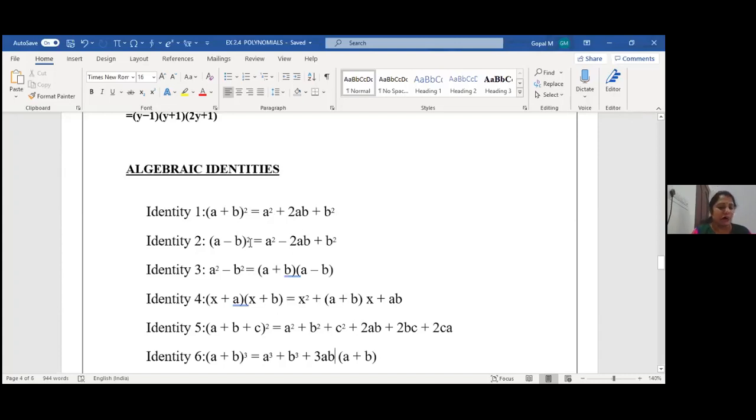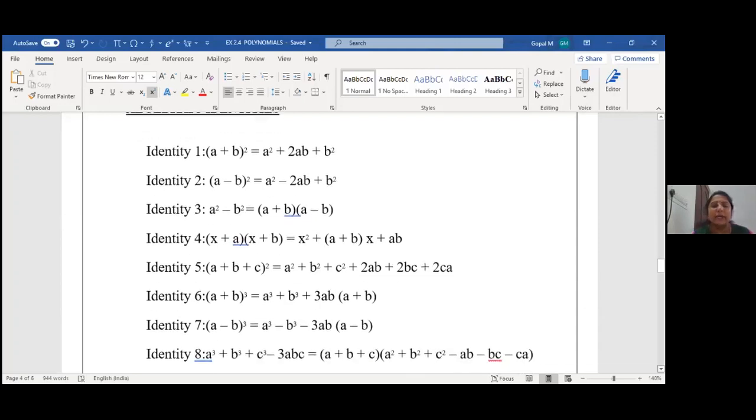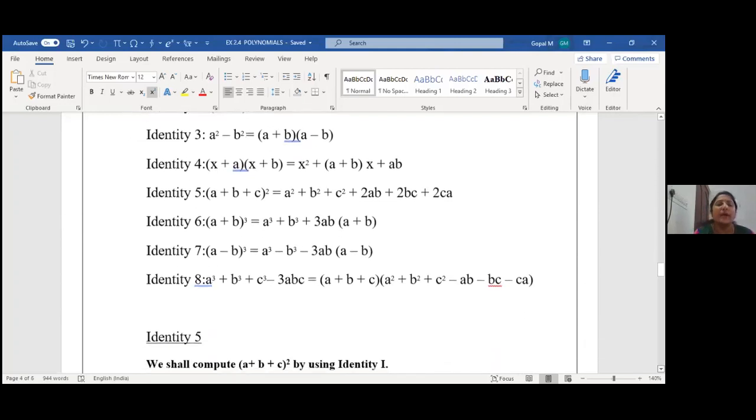Same thing, (a minus b) whole square is a square minus 2ab plus b square. If you multiply (a plus b) into (a minus b), plus ab and minus ab get cancelled, and the answer is a square minus b square. These first 4 identities you learned in grade 8; it's all multiplication of binomial by binomial.